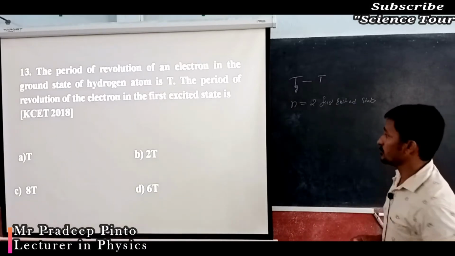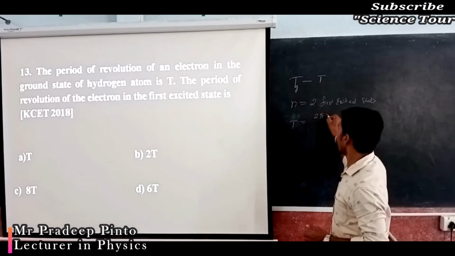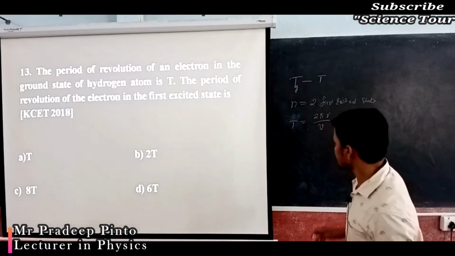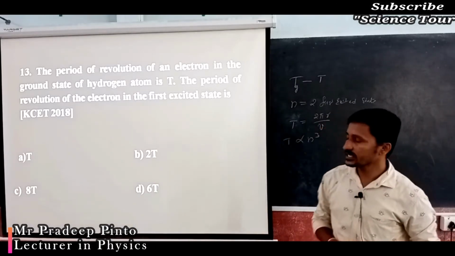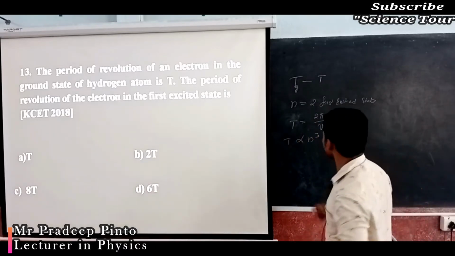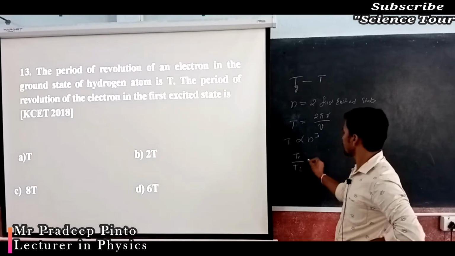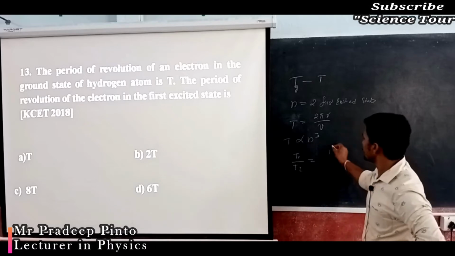So period of revolution, you know that is nothing but T is equal to 2 pi r by V. All those things if you do means T is directly proportional to n cube. Now what you are going to get? The first one T1, the second one T2. First one is n cube, which is equal to the ground state, that is 1 cube.